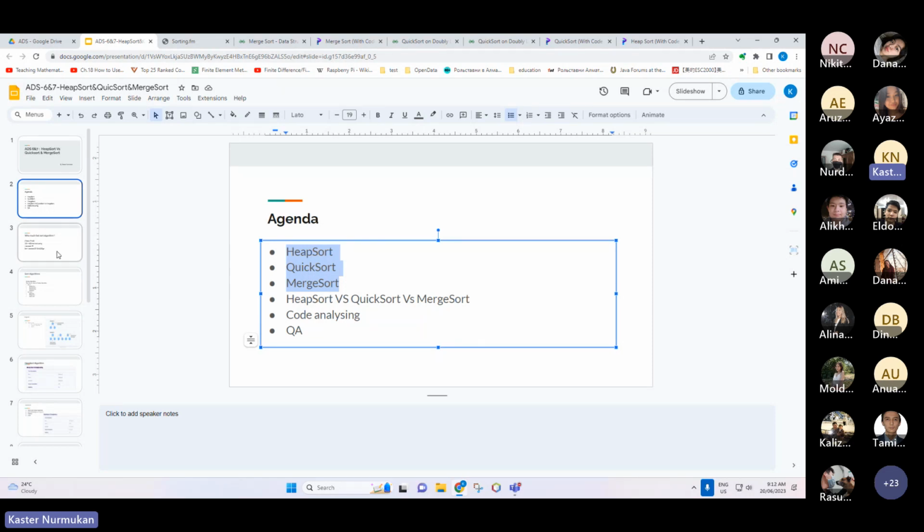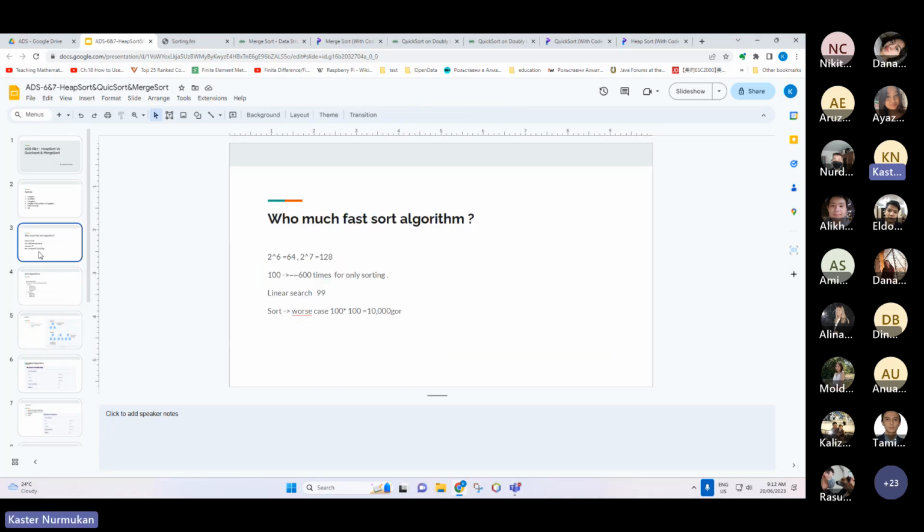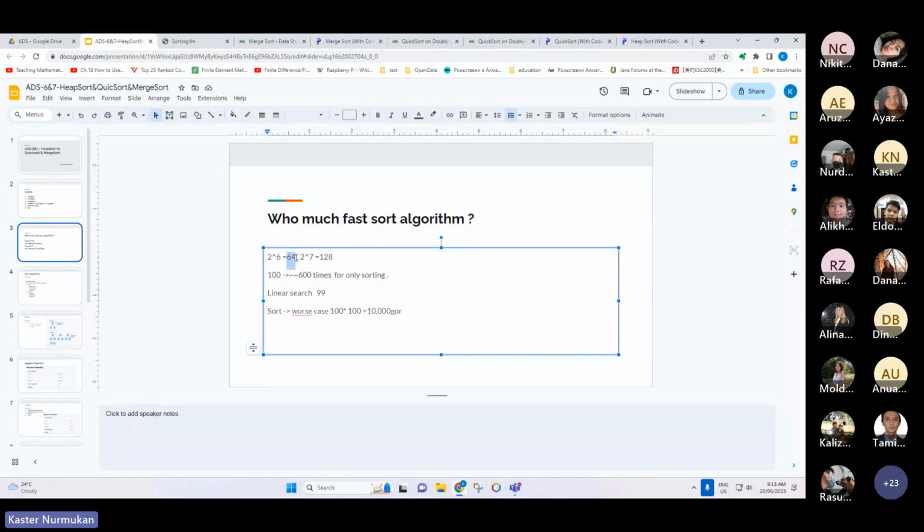There is nothing better than those three: merge sort, quick sort and heap sort. You should wonder how fast a sort algorithm is, and memorize and visualize it a little in your mind, which would be better. So first of all, let's do a little calculation. 2 to the power of 6 is 64, 2 to the power of 7 is 128. Assume that you have 100 elements, how much can you sort?